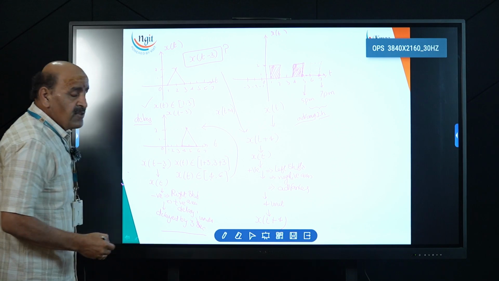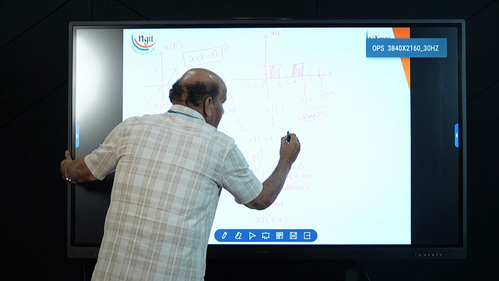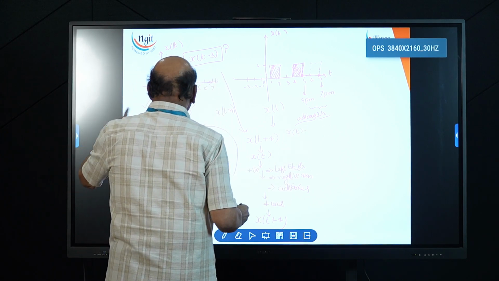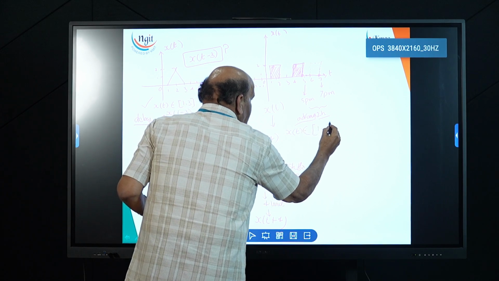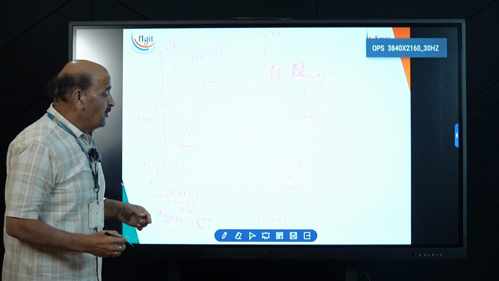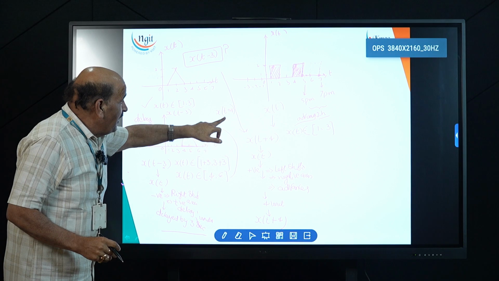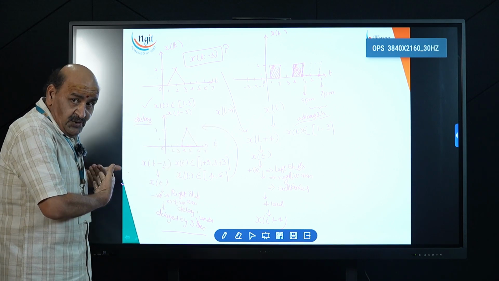Now in the previous case, what was the x of t? X of t belongs to the interval 1 comma 3. Now advances. Now this is 1 comma 3. What we need, x of t plus 4, just means I have to go back to left side.